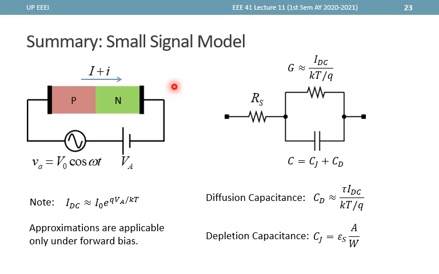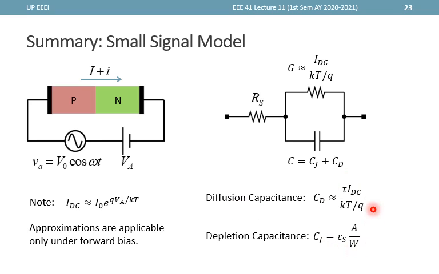Then after we have removed that resistance, we put the small signal resistance or conductance in parallel with the small signal capacitance, which has two components: Cj, the depletion or junction capacitance, and Cd, which is the diffusion capacitance.